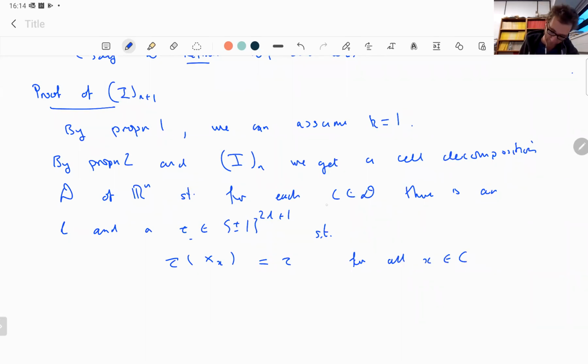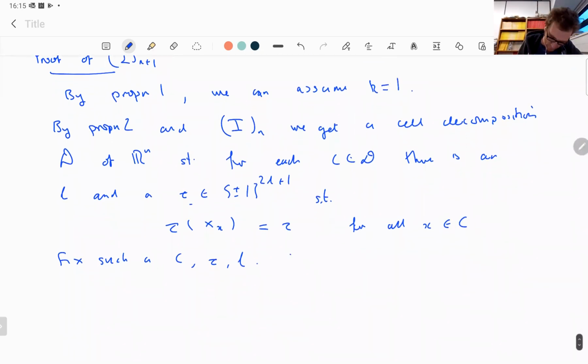So we fix one of these C's and the tau on the L. So then as we vary x in C, the cardinality of the boundary of the fiber is constant, it's L. And then we can define functions on C by saying the first element of the boundary, or the second element of the boundary, and so on.